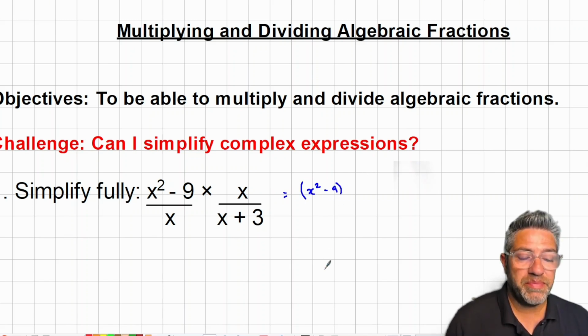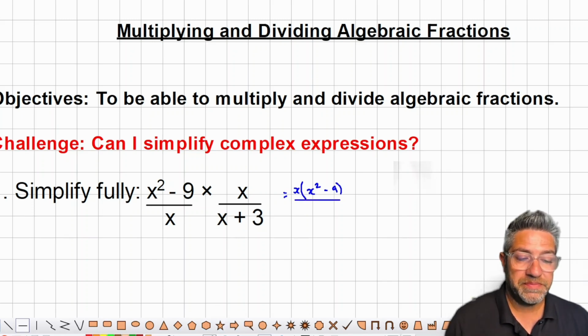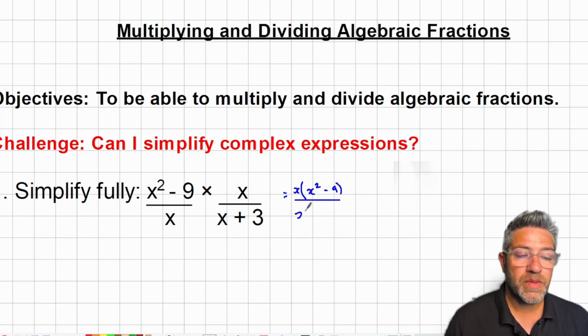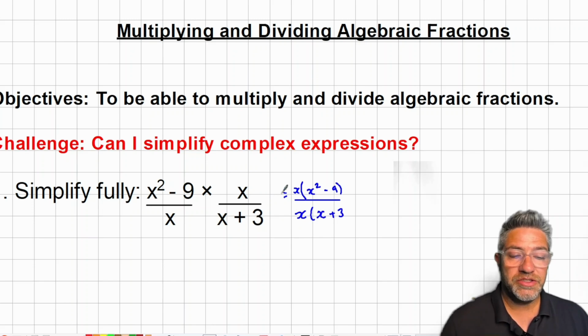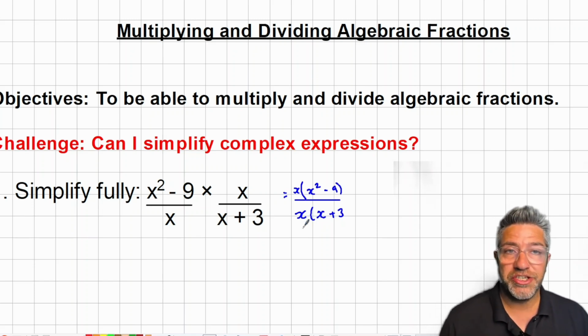I'm not doing anything particularly mathematical at this stage, but I'm just doing this to, in my opinion, make things that little bit clearer. Because we're multiplying, I can use the brackets. Now, when it comes to simplifying algebraic fractions, I've already mentioned this in the introduction, more often than not, it becomes a factorisation exercise.